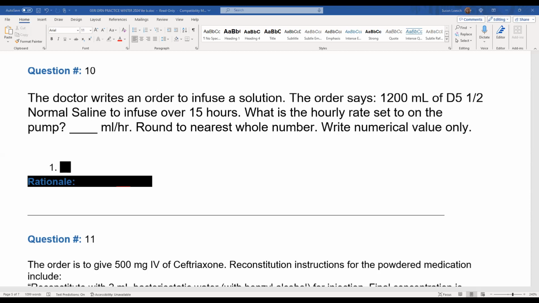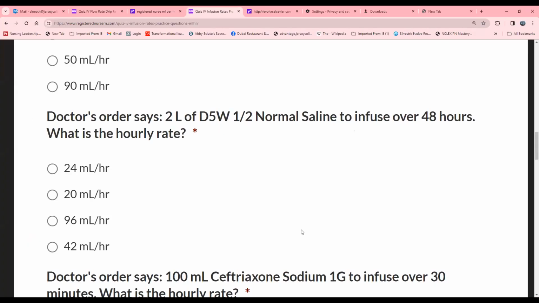All right, let's start with the second one. Can you see it? Yes.